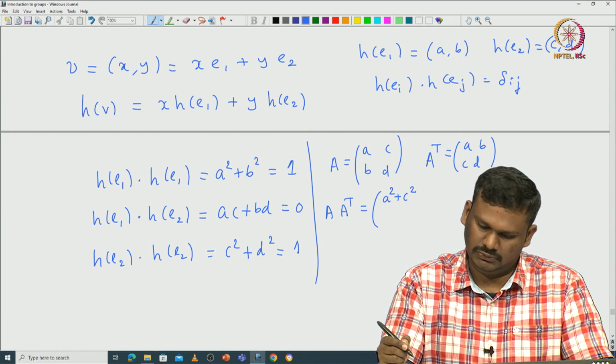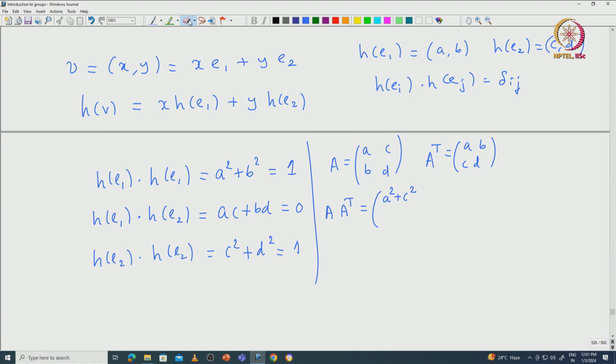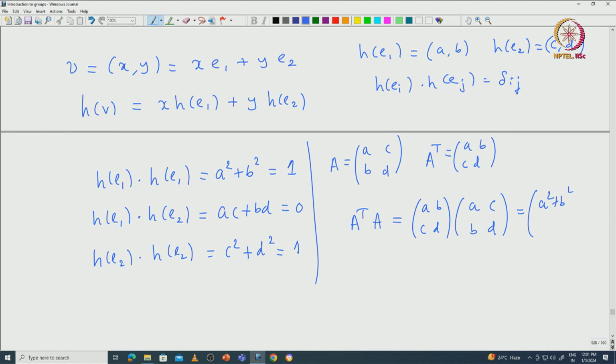Maybe we will compute A transpose A. So, A transpose A is going to be AB CD and then AC BD. So, it is going to be A square plus B square and then C square plus D square, and then here AC plus BD and then here again AC plus BD. Which is going to be exactly 1 0 0 1, which is the identity matrix.